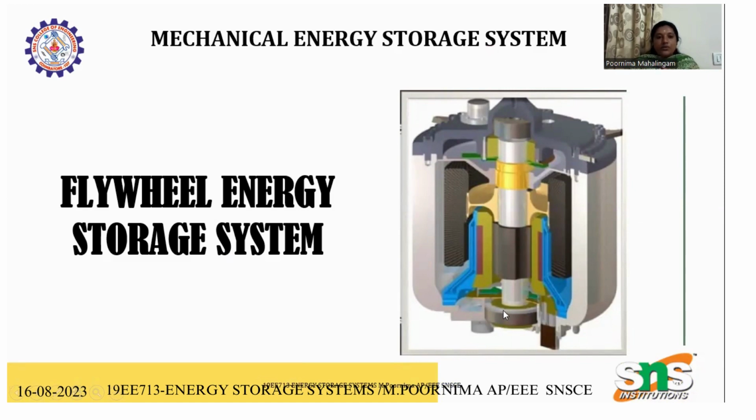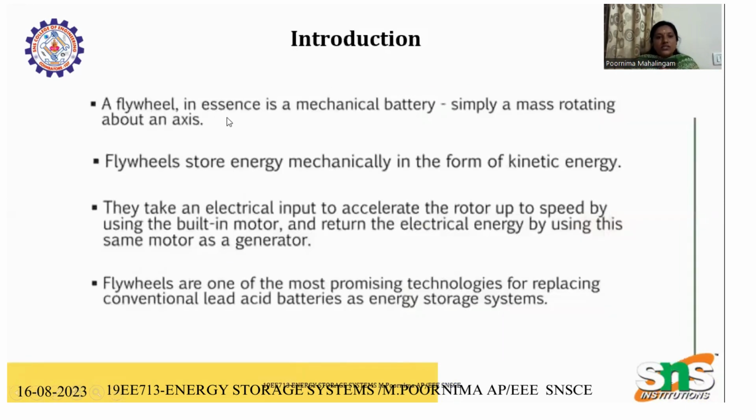Now, the flywheel energy storage is essentially a mechanical battery, simply a mass rotating about an axis. The flywheel stores energy mechanically in the form of kinetic energy. It takes an electrical input to accelerate the rotor up to speed using the built-in motor, and returns the electric energy by using the same machine as a generator.